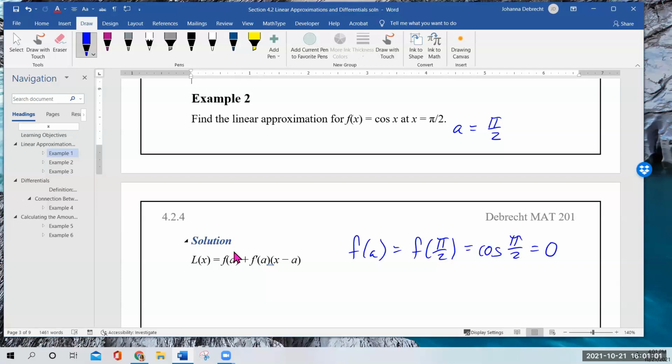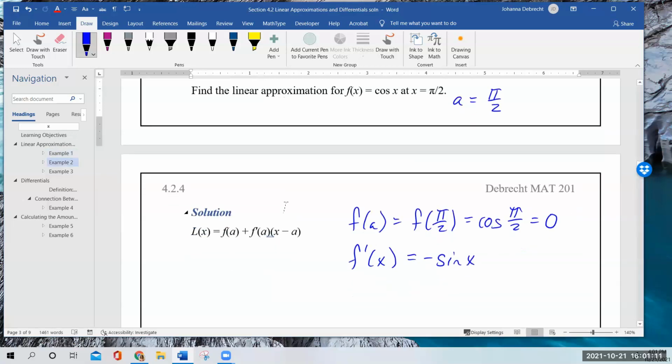Now I can find f prime of x using the original function cosine of x, and that gives me negative sine of x. Then I plug in the value of a, and I get f prime at a equal to f prime of pi over 2, which is a negative times the sine of pi over 2. Sine of pi over 2 is 1, so this gives me a negative 1.